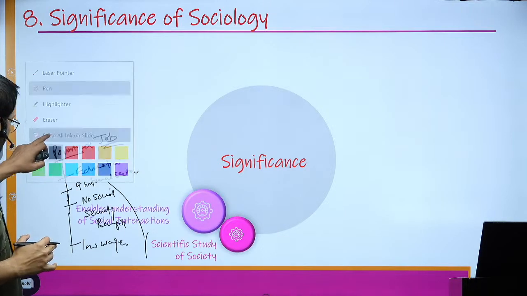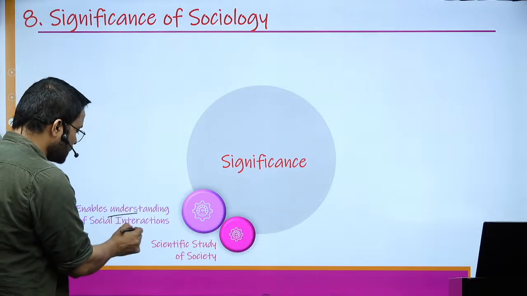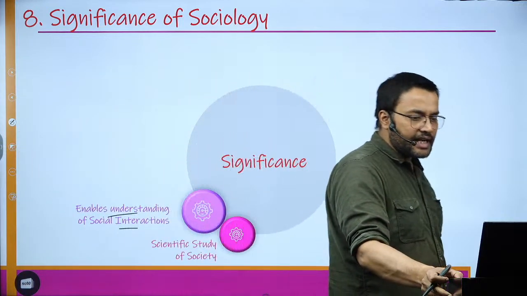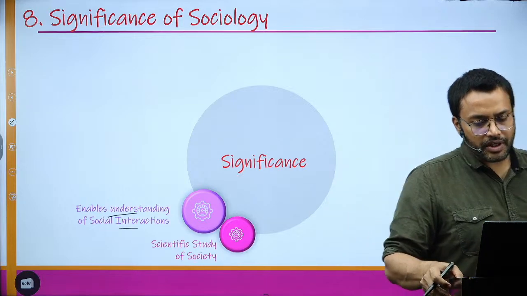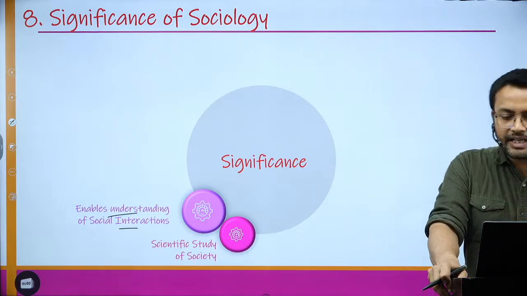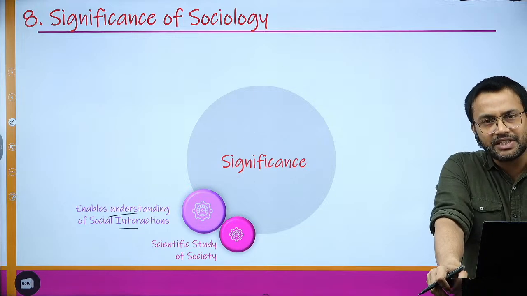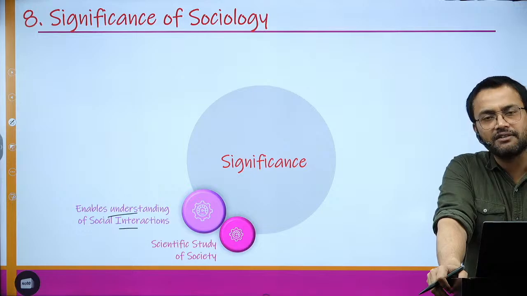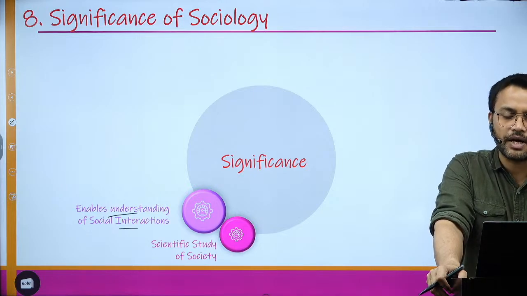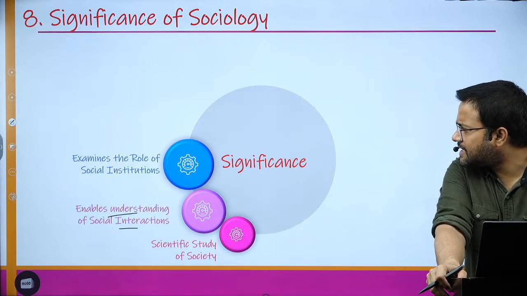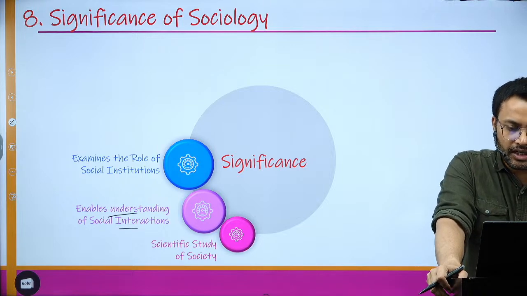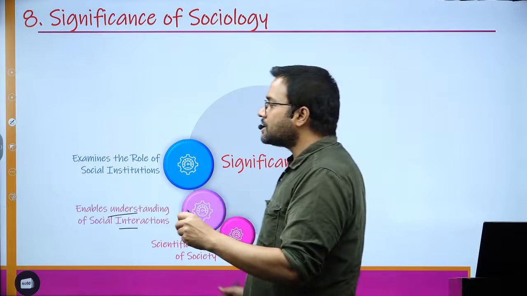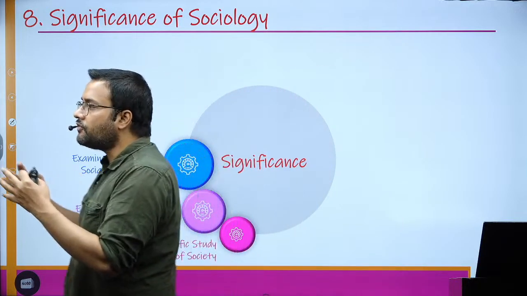Then it enables understanding of social interaction, like how human to human they are interacting with each other, how people interact in a friendly manner, and why they interact in a friendly manner or, for that matter, in a hostile manner, right? Then it examines the role of social institutions. What is the role of family, what is the role of education?